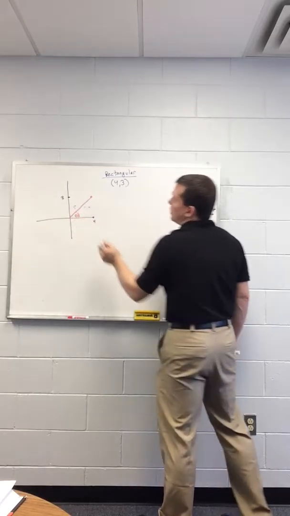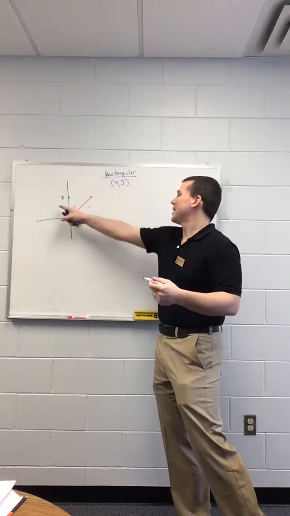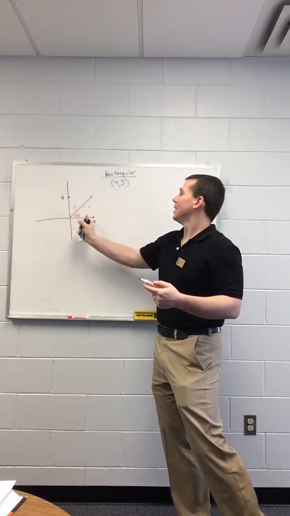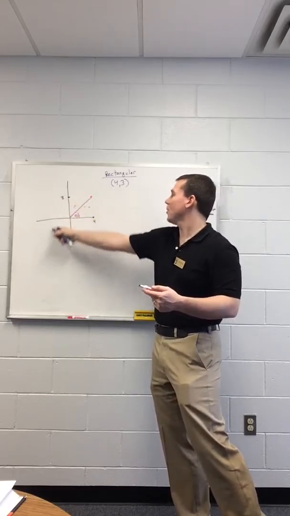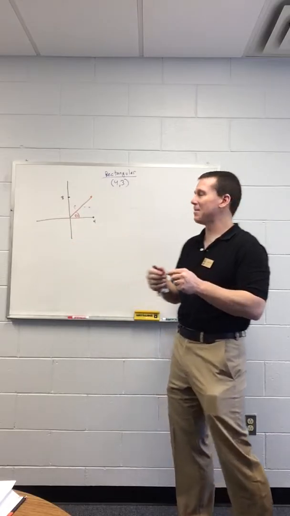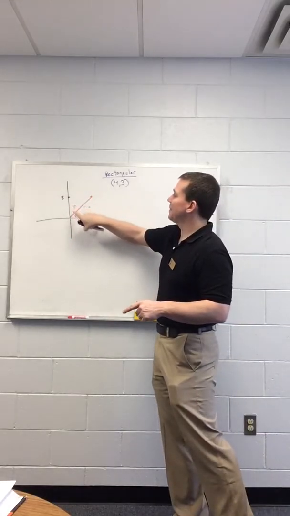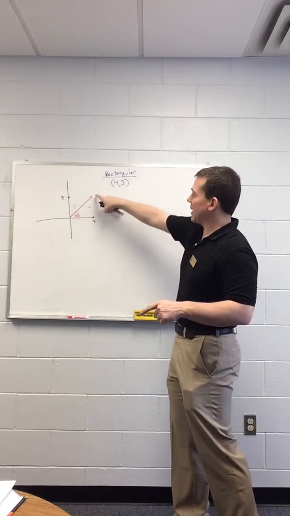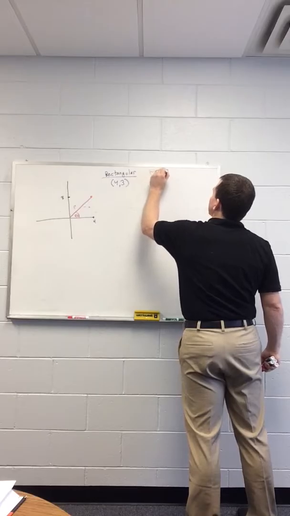Keep in mind these angles are measured from the horizontal. So if I ended up with an angle over here, I would have to use the angle starting at 0, going all the way to that quadrant. Just keep that in mind when solving these out. Now I just need to find r and theta for that particular point, and then I can label it in polar coordinates.